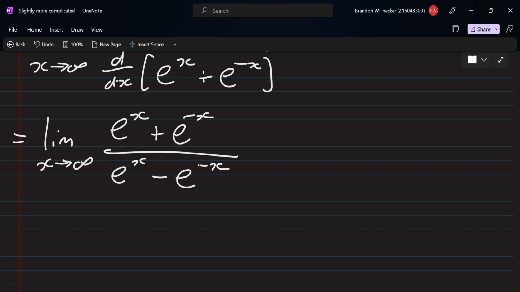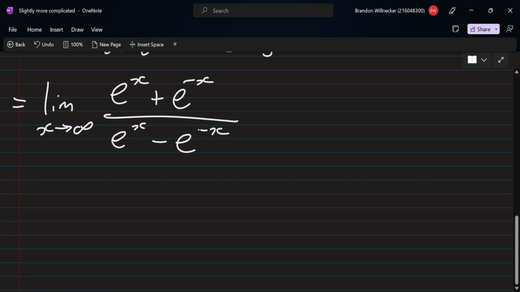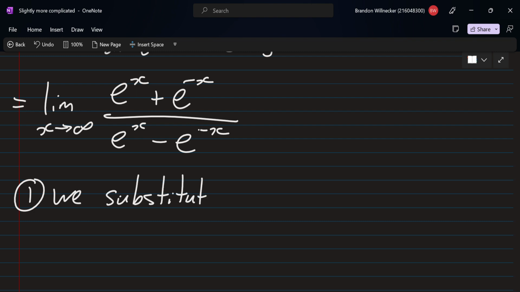Okay, there's two ways to deal with this. I'll show you both ways. It's good to know more than one method to solve a problem. So, number one, we substitute t equal to e to the x.